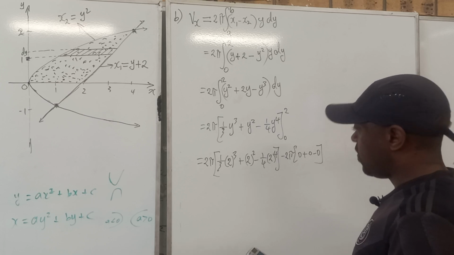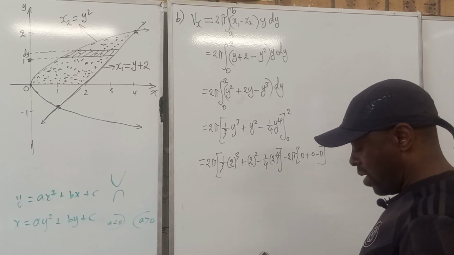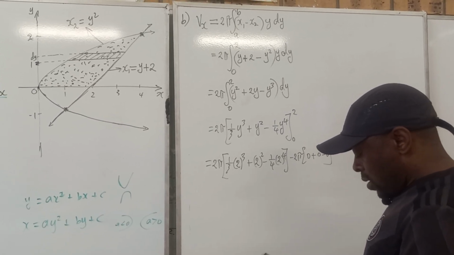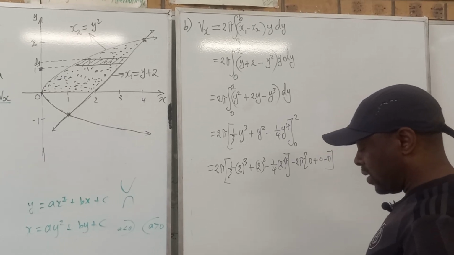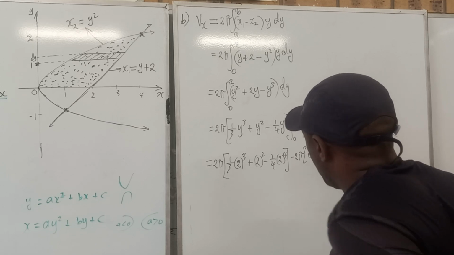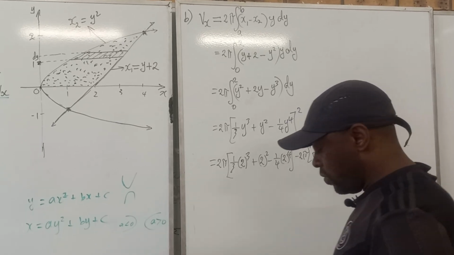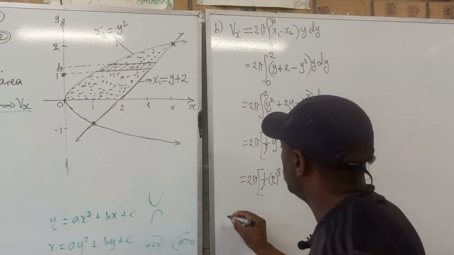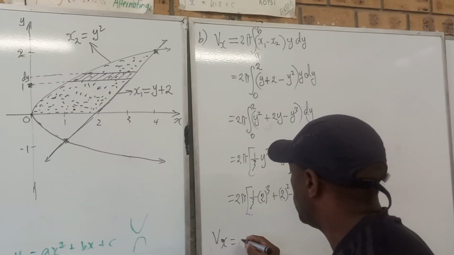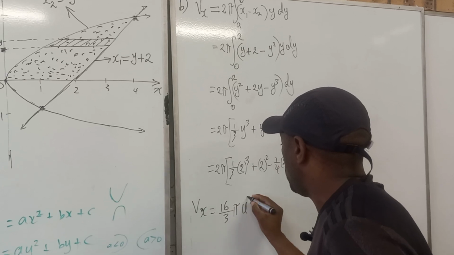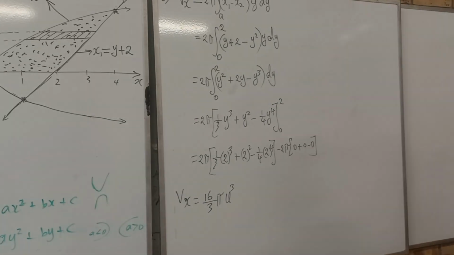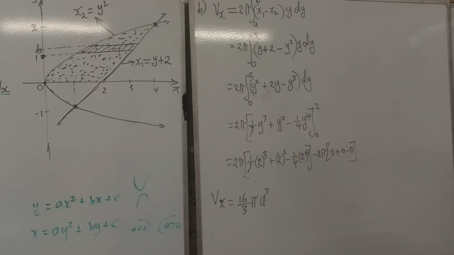So I get 8/3, then times 2 pi. That gives me 16/3 pi. So that's my volume. My volume Vx is equal to 16/3 pi unit cube. So that's how we get our volume.